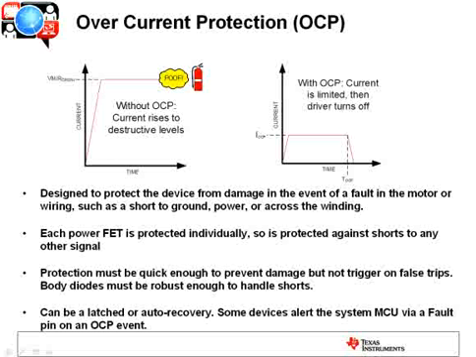If the short is still there, it'll just continue to cycle through that cycle until that short's removed. So the nice thing about that is if the short was some type of transient or just something that wasn't really permanent, once that's removed, device operation will return. Now some devices also have a fault pin, and in the event of an overcurrent trip, it will notify the system controller that the overcurrent trip has occurred.